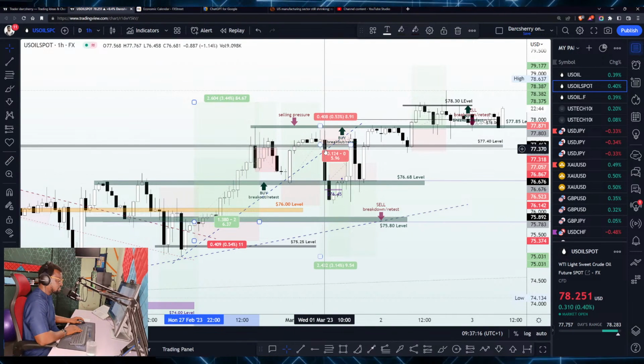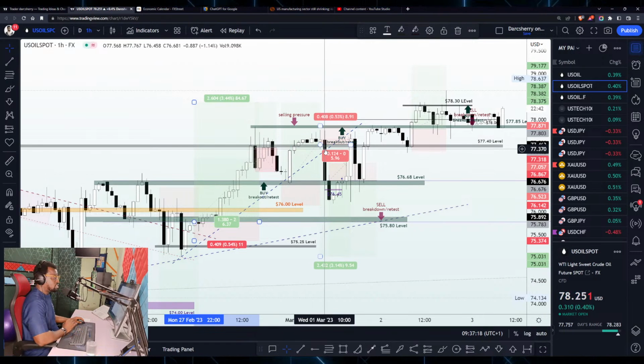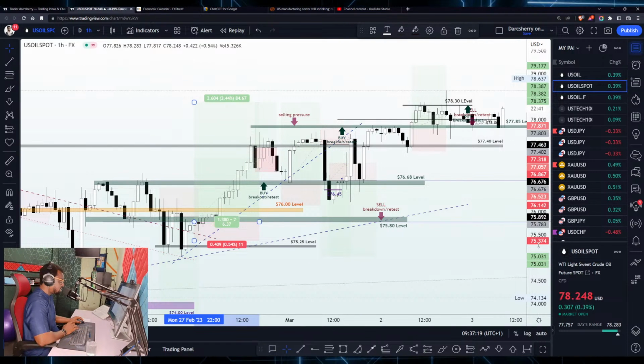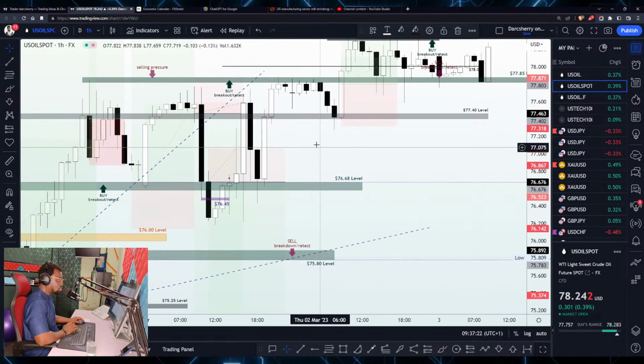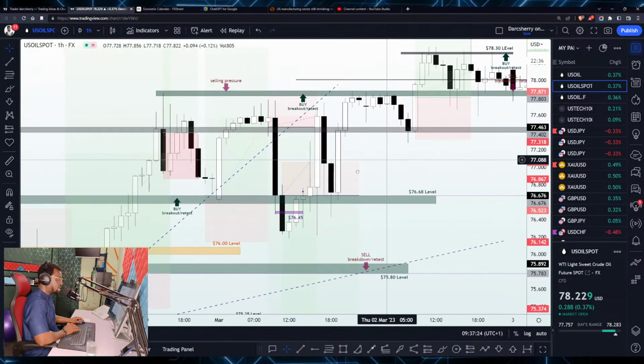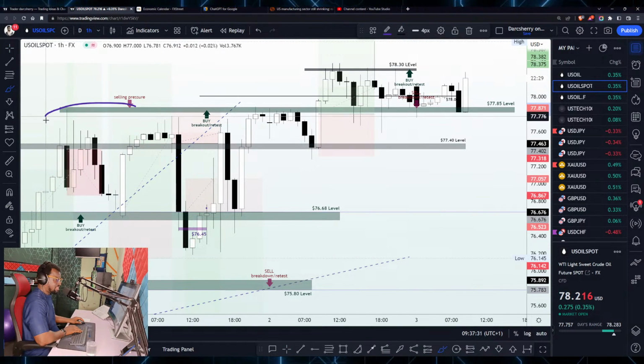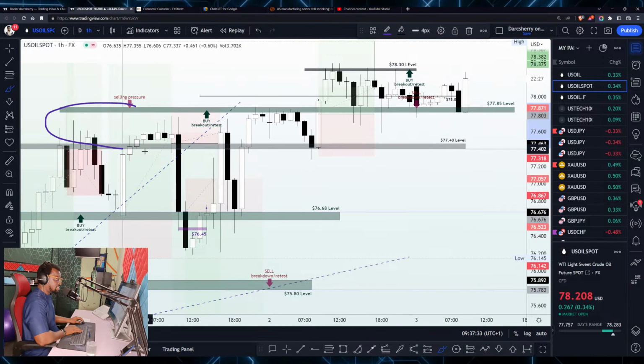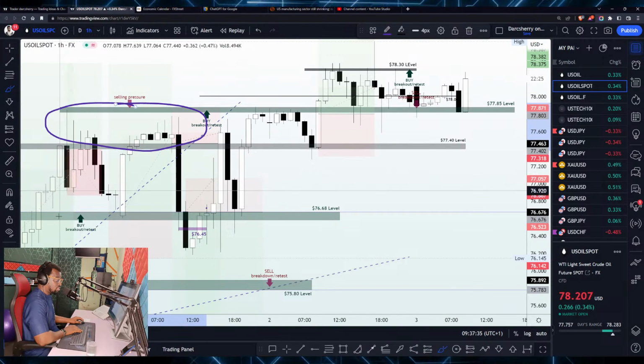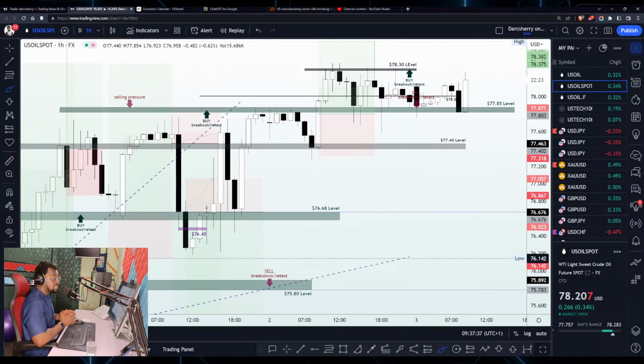Now when we fast forward to Tuesday's morning live session, this is what we saw here. As soon as price got into the structure at the $77.85 level, in fact between the $77.85 and the $77.40 area, we started seeing selling pressure resume around that area.